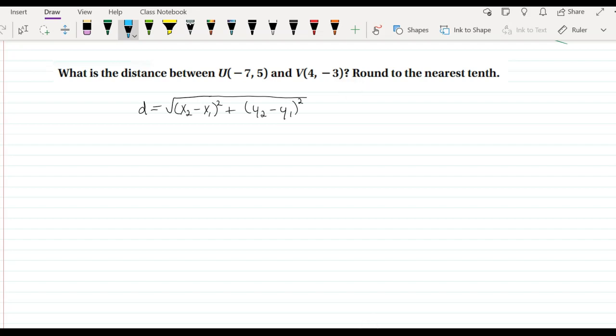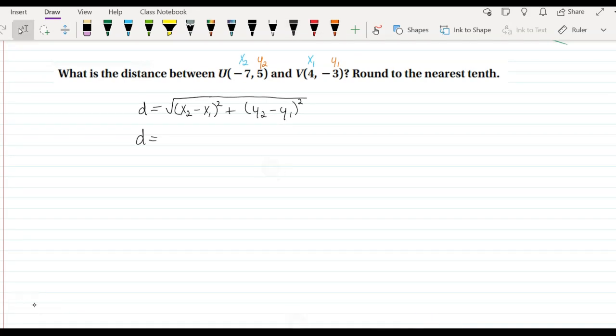So what I typically do is I write it up here. That way everybody knows what's going on. So y sub 2, y sub 1. Notice that my x sub 2 and my y sub 2 are together, and my x sub 1 and my y sub 1 are together.